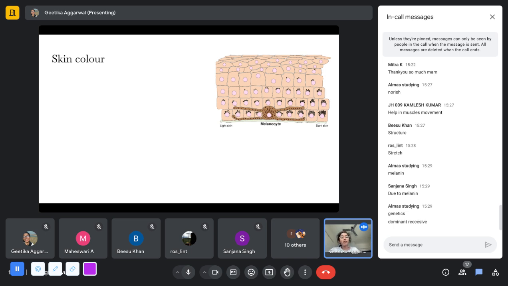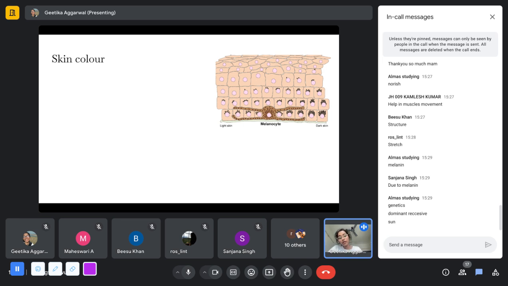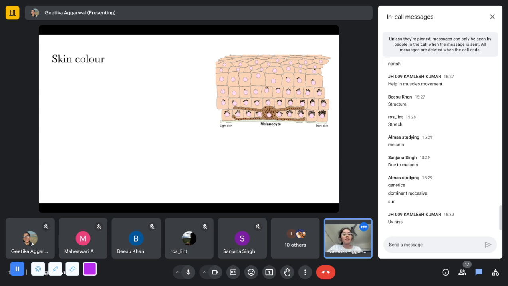So what is that factor that controls these different concentrations of melanin? There is an abiotic factor. Anyone? It's a very simple answer actually. We're looking for an abiotic factor. Correct. Sun. UV rays.